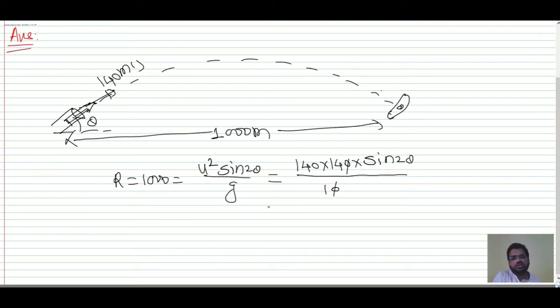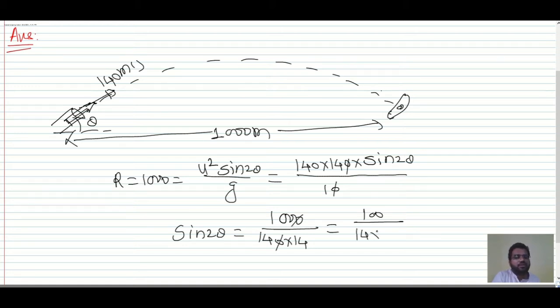If you just solve this now, you will get sine 2 theta is equal to 1000 divided by 140 into 14, which is, this 0 gets cancelled, 100 divided by 14 into 14. So 2 7s are, 2 7s are, and 4 2s are, 4 5s are. It will become 25 divided by 49.